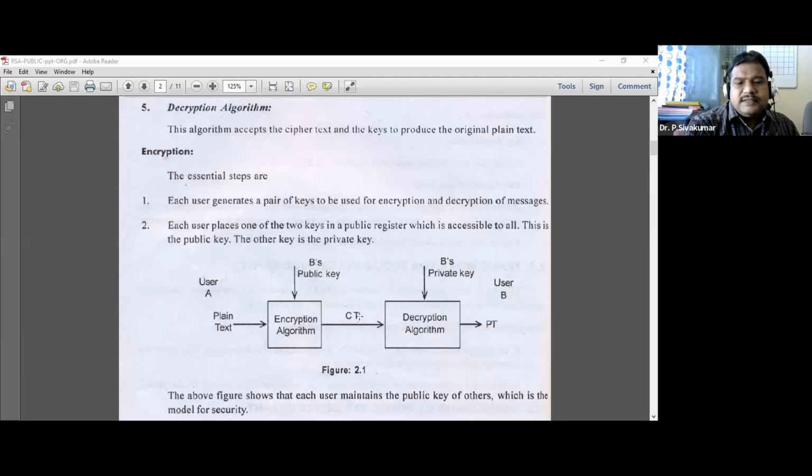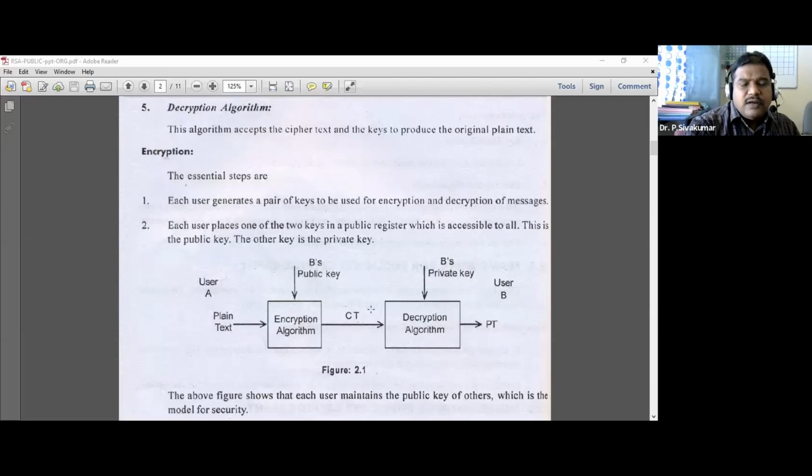Once the ciphertext comes to user B, it performs a decryption algorithm along with one key, the recipient's private key, to get the plain text. So whatever user A sent as plain text, we get it at user B.